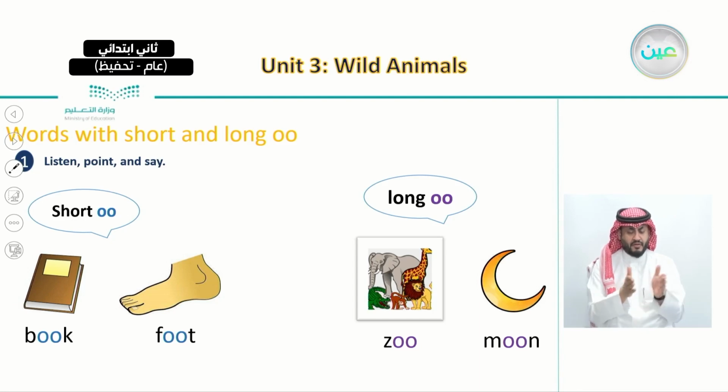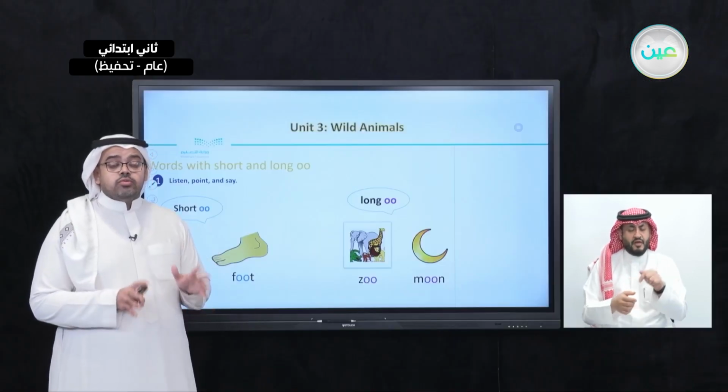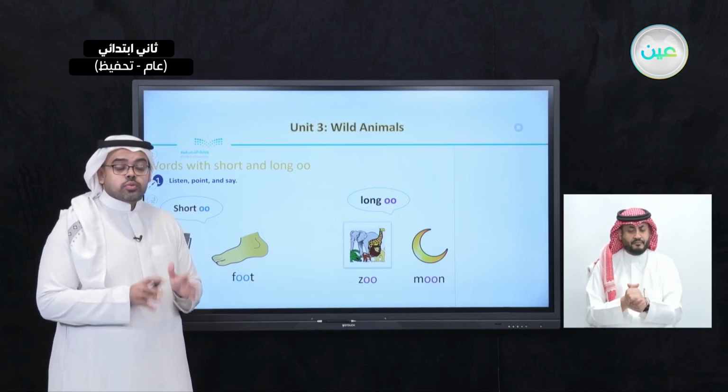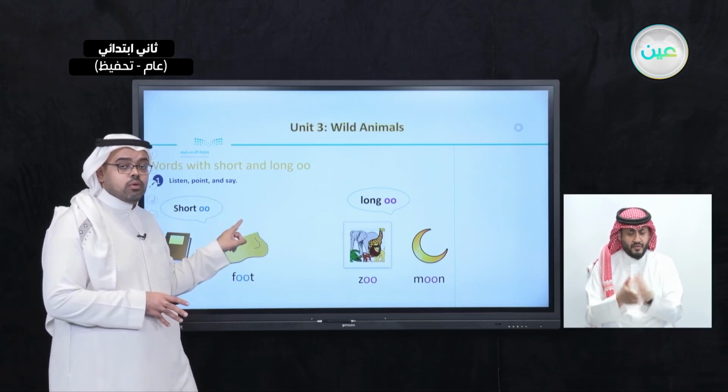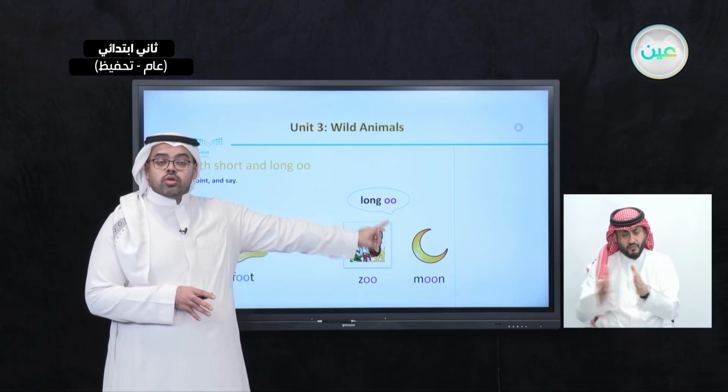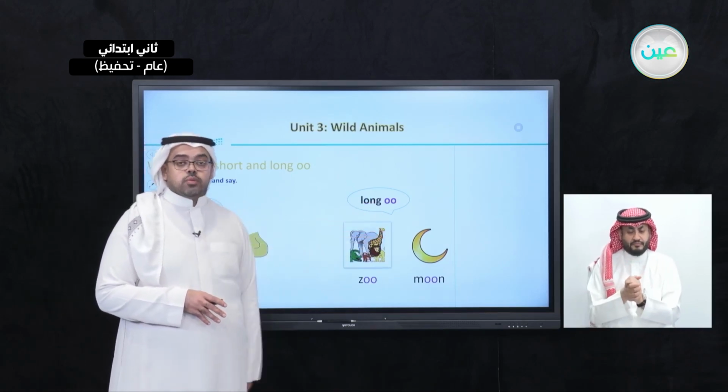And words that have long double O's, like zoo, zoo, and also moon, moon. So this is what we're going to do today: listen to different words that have the short form of double O and also the long form of double O.